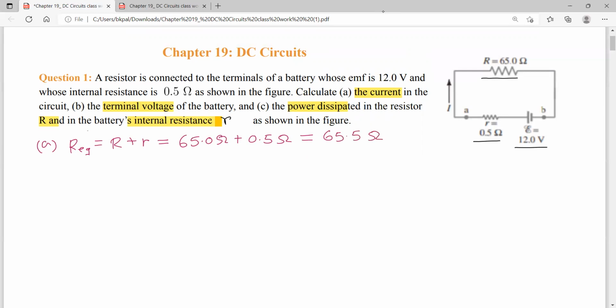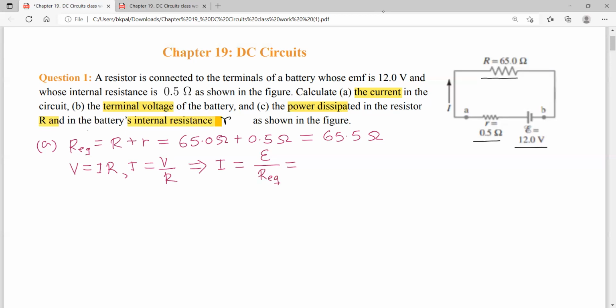And then from Ohm's law you know that V equals IR, or I equals V over R. So by using this equation we can calculate the current in this circuit. If I write this equation for this circuit, it will be I equal to the electromotive force over R equivalent.